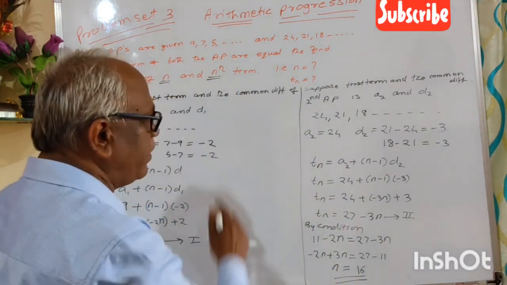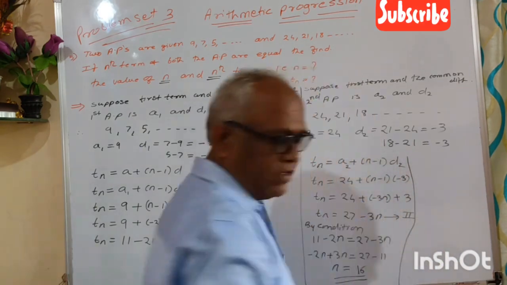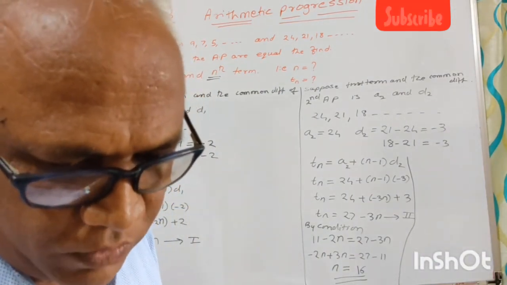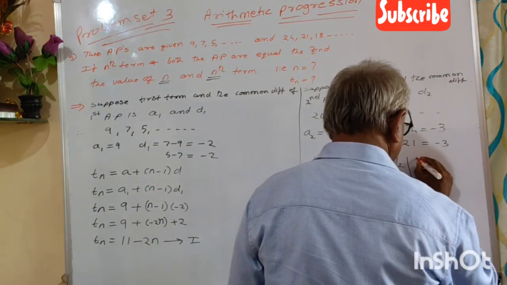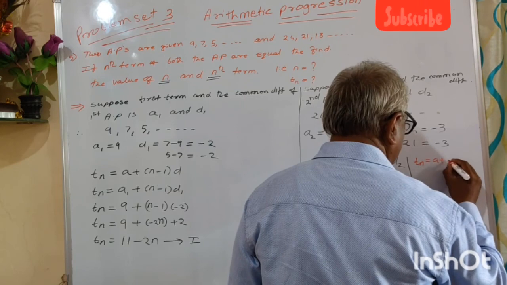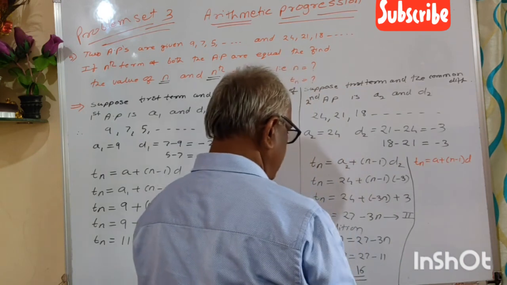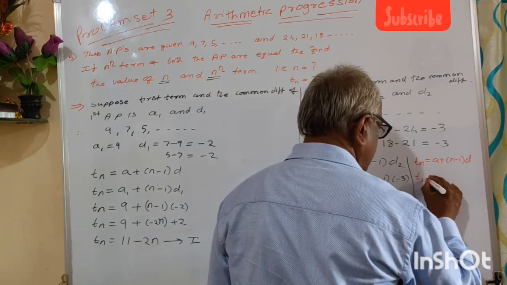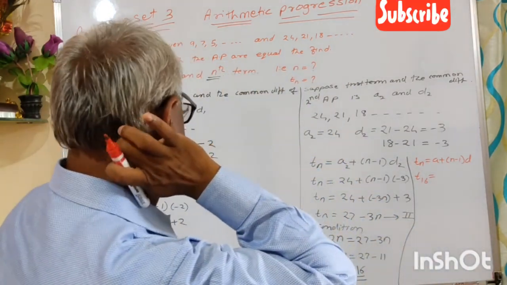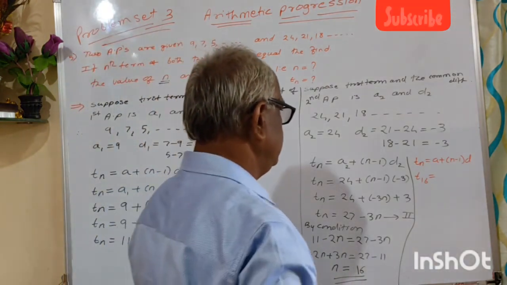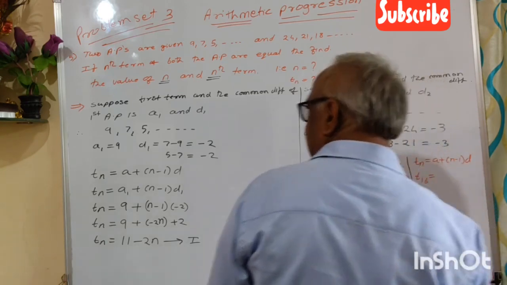And now he had told us to find the Tn. Now I will solve it here. So that you understand, I will write it with the other pen. Now Tn is equal to A plus (n minus 1) into D. This is our formula. n is equal to 16 is there. So T16 is equal to A value we have here, you can take from equation 1 also.